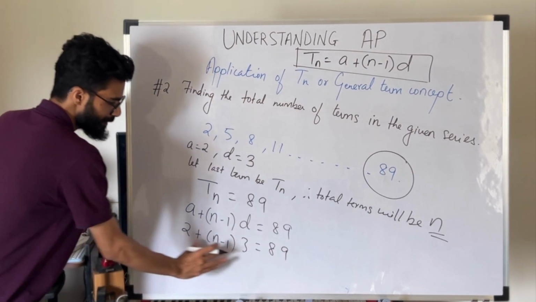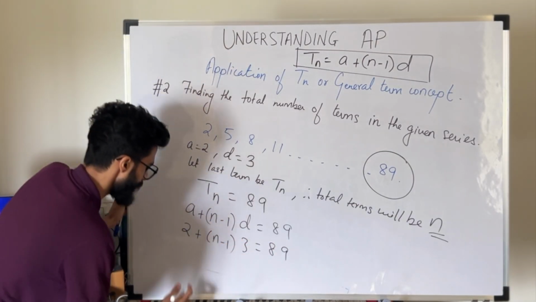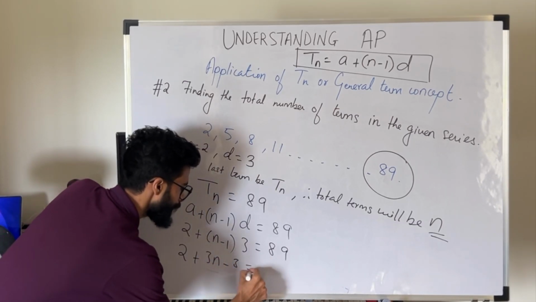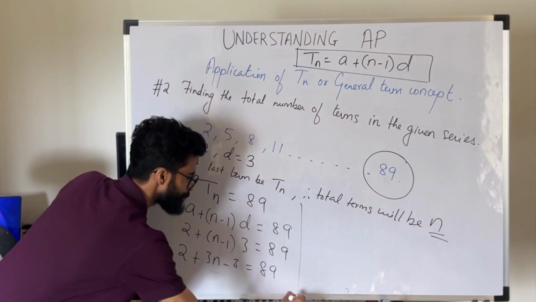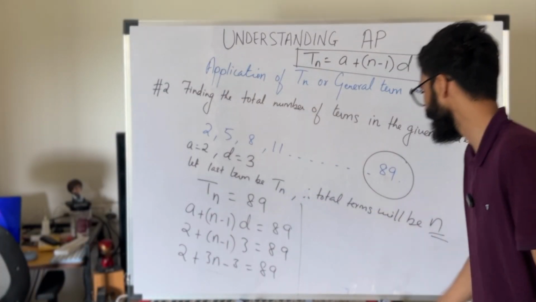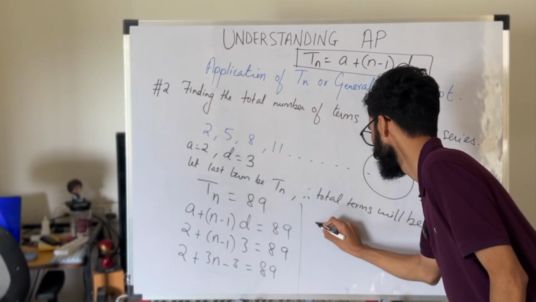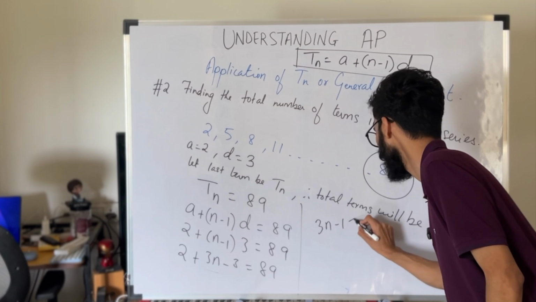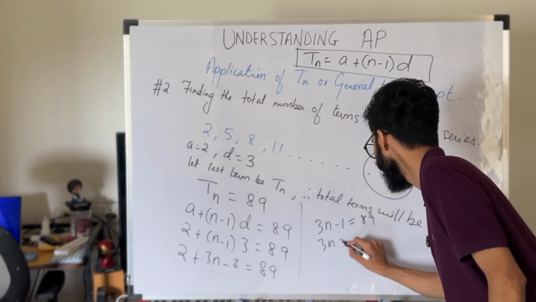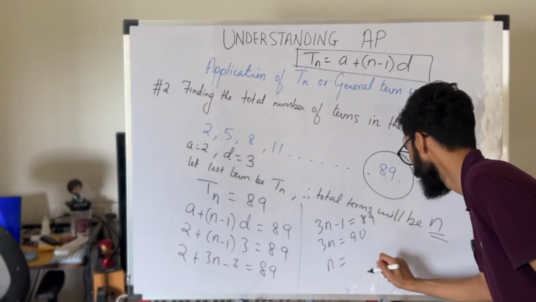If I just solve this equation for n, I will get this as 2 plus 3n minus 3 equal to 89. If I solve this further, I am getting 3n minus 1 equal to 89. 1 goes there. 3n equal to 90. N is coming as 30.